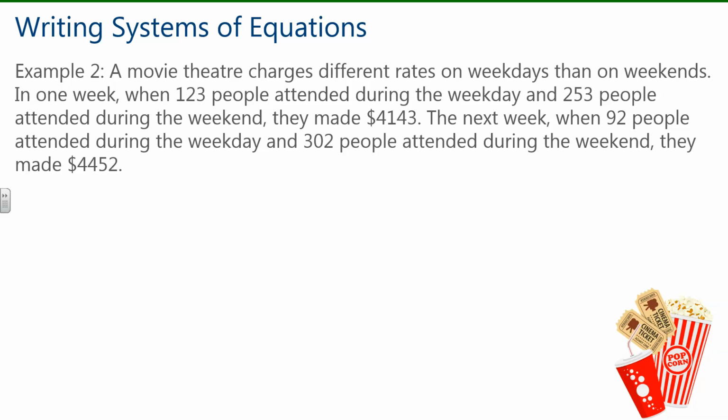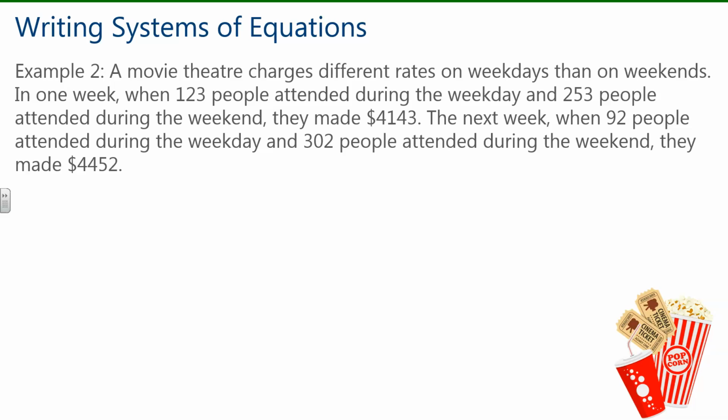Let's look at example 2. A movie theater charges different rates on weekdays than on weekends. In 1 week, when 123 people attended during the weekday and 253 people attended during the weekend, they made $4,143.